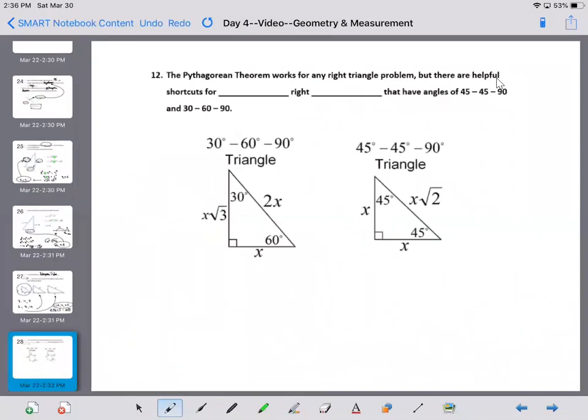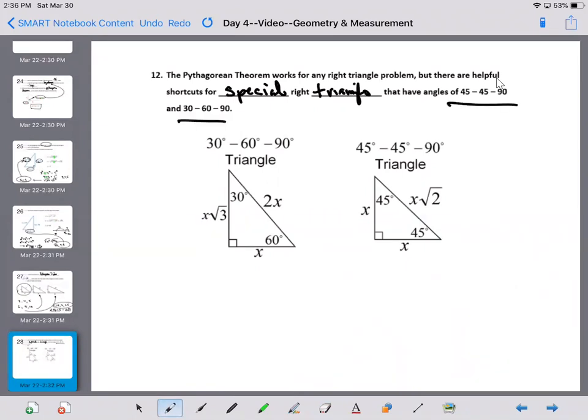Now, the Pythagorean theorem does work for finding right triangle problems and is helpful for making things efficient for what we call special right triangles. Those special right triangles have different measurements, like a 30, 60, 90 or a 45, 45, 90.